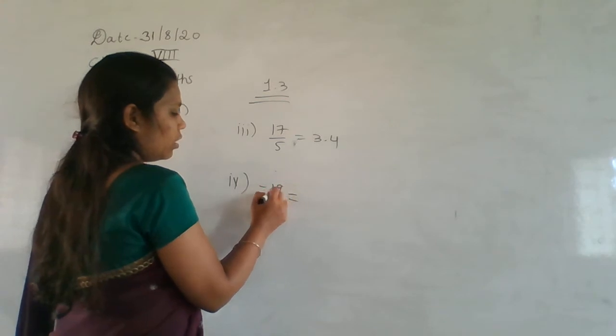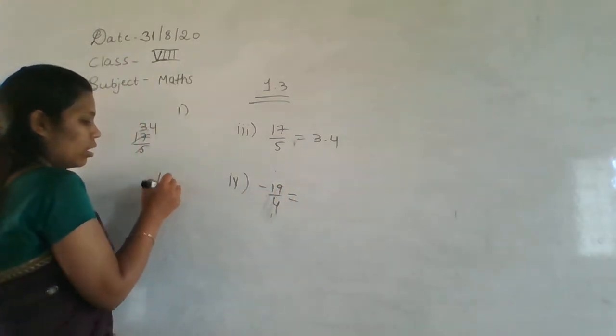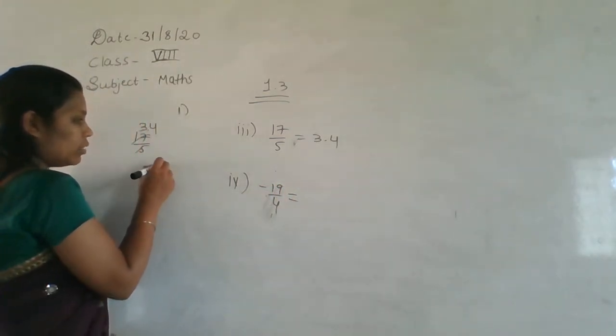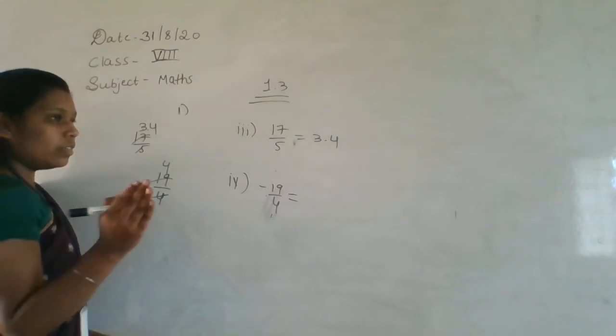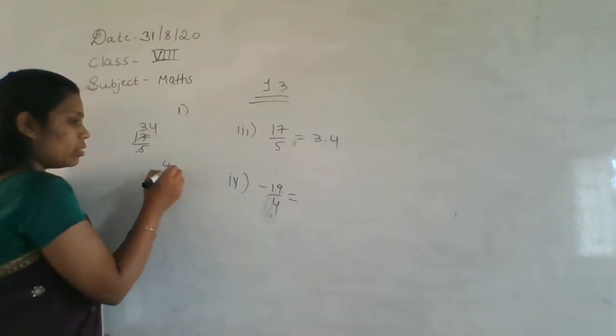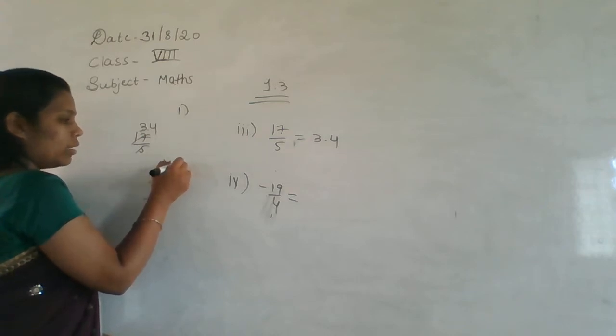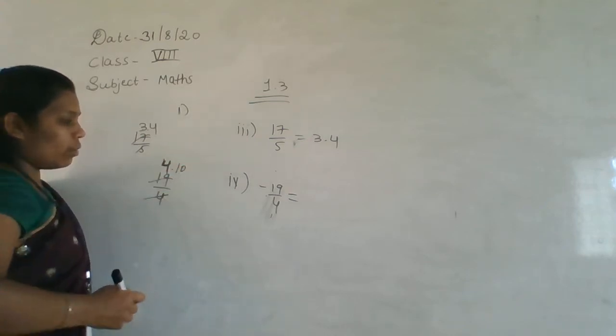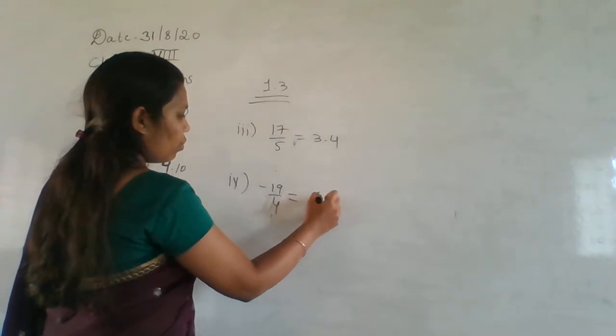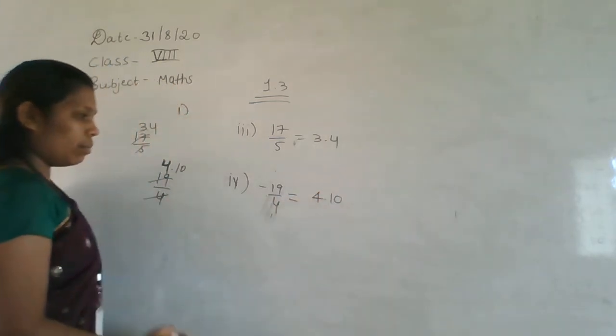I'll do the division here. 19 by 4. 4 4s are 16. 3 carry. Next take a zero after the point. That is 4 10s are 40. So that is 4.10, like that it will come.